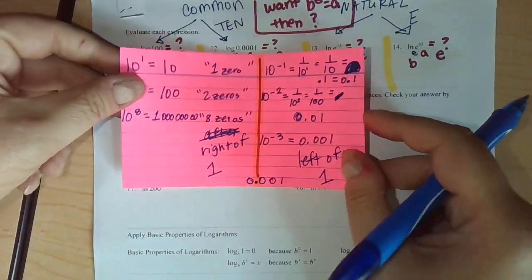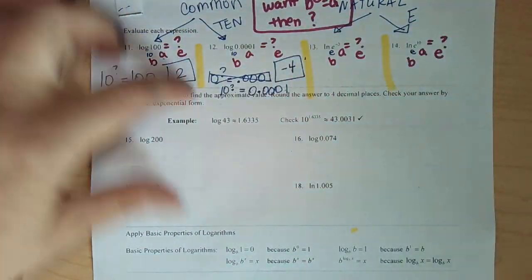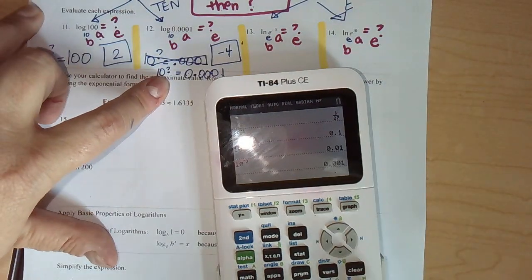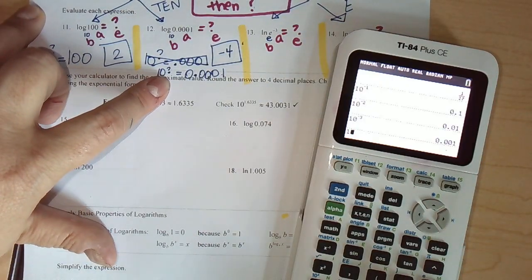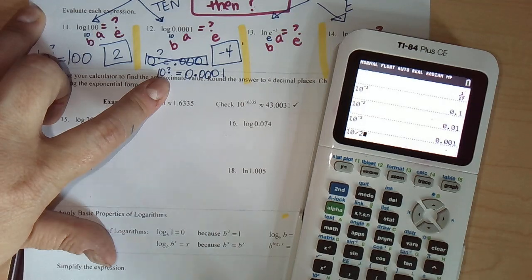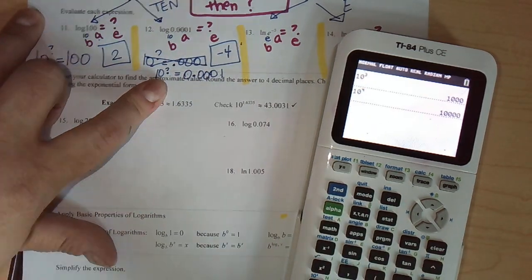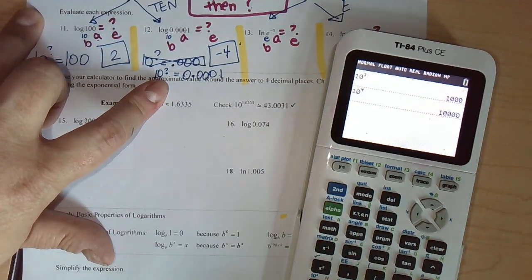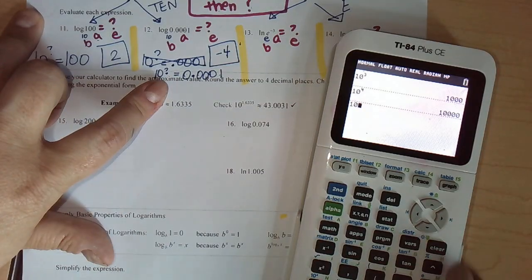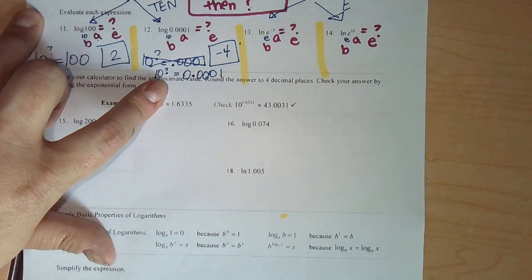Or, if you didn't remember all this, you can just play the guessing game and say, okay, 10 to the 2, 10 to the 3, 10 to the 4, we're getting too big, so let's go low. Let's maybe use negative numbers. 10 to the negative 1. 10 to the negative 2. Okay, you get the point.